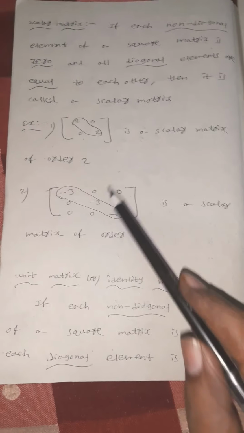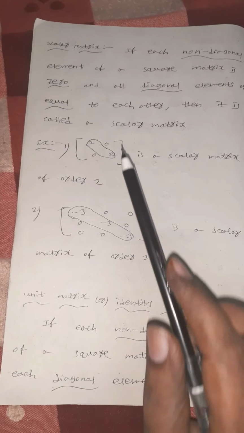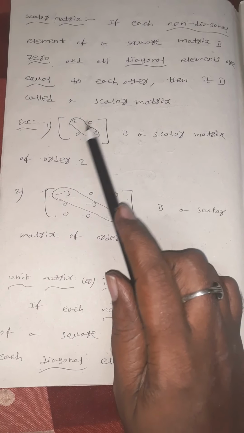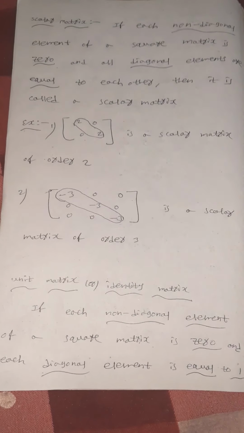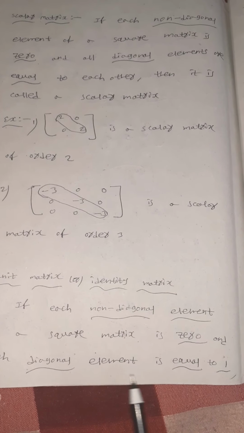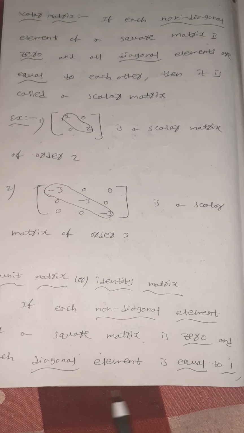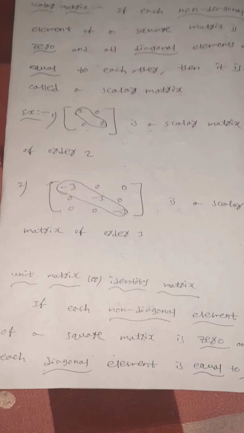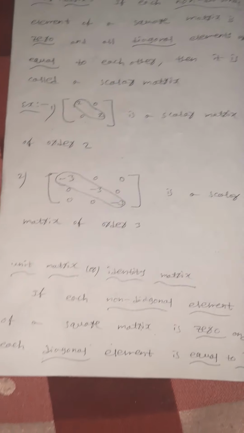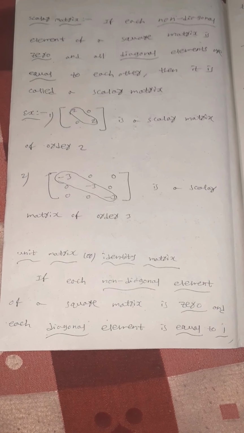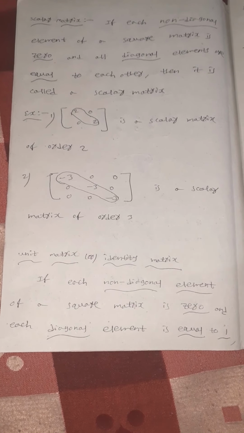If diagonal elements are equal and rest all are zeros, it is a scalar matrix. If diagonal elements are different and rest all are zeros, it is a diagonal matrix. If diagonal elements are equal to 1 and remaining all are 0, it is a unit matrix or identity matrix. That is the main observation you should make carefully in competitive exams like IIT, NSET, etc. Options you should mark carefully.